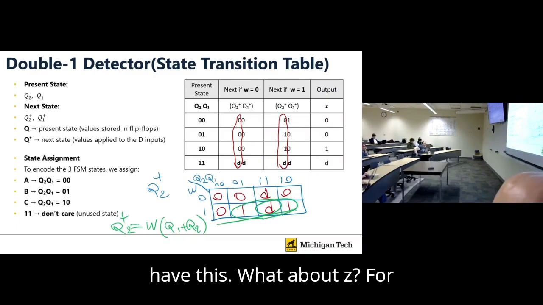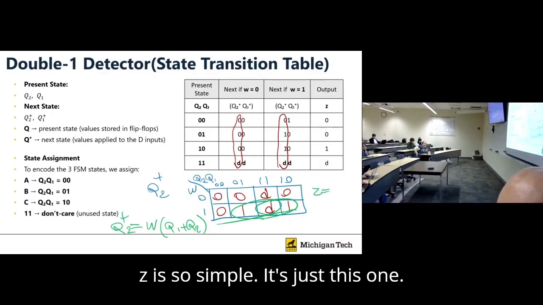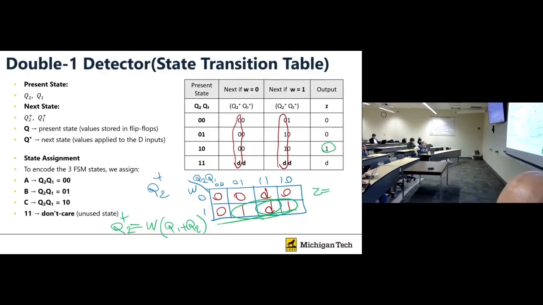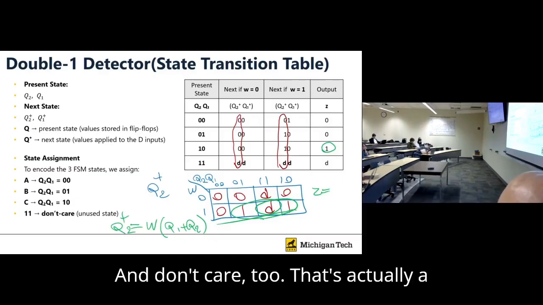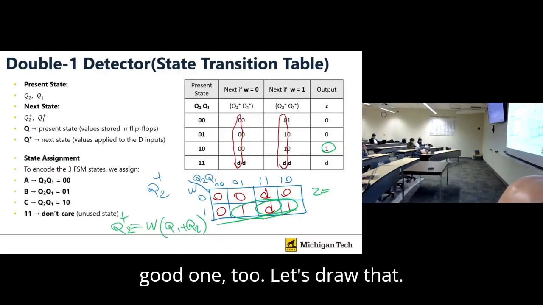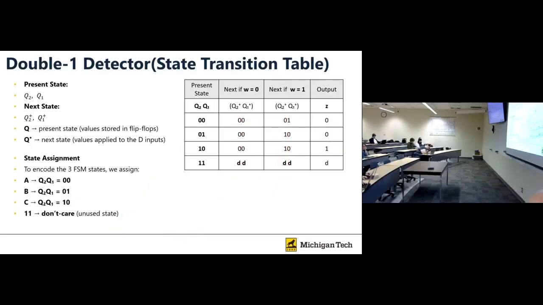What about Z? Z is so simple. It's just this one. And the don't care too. That's actually a good one too. Let's draw that.